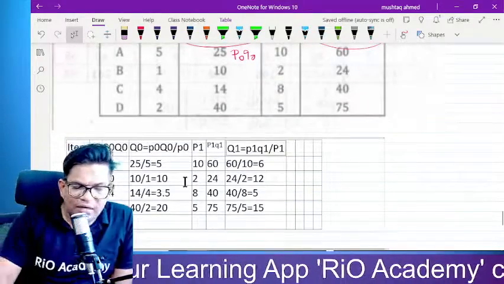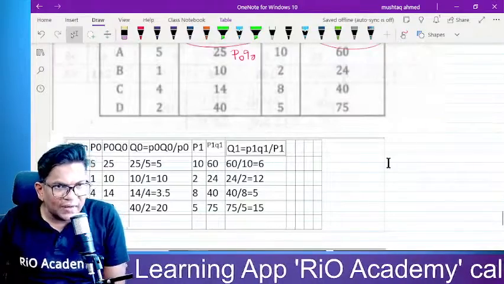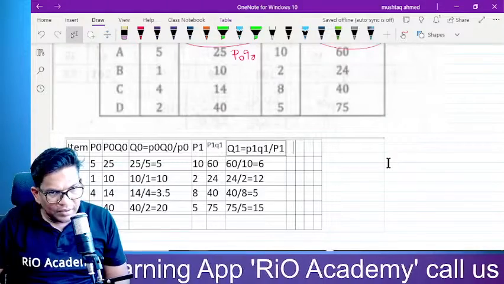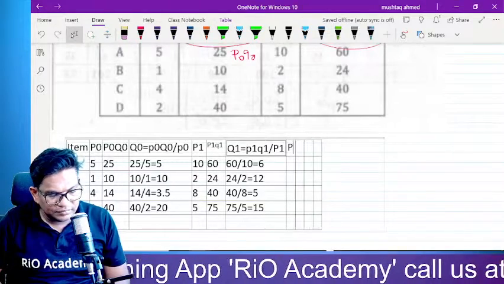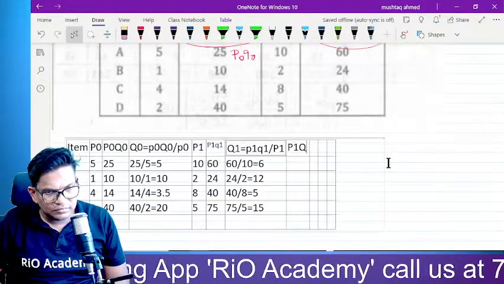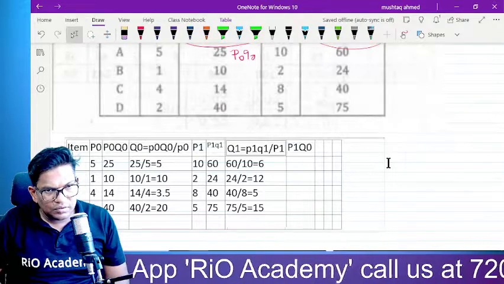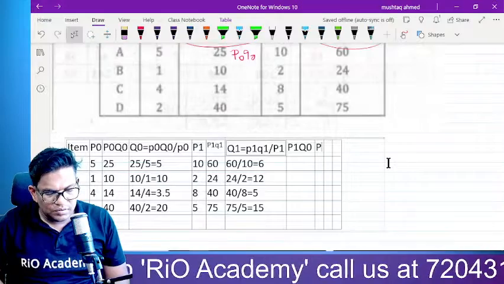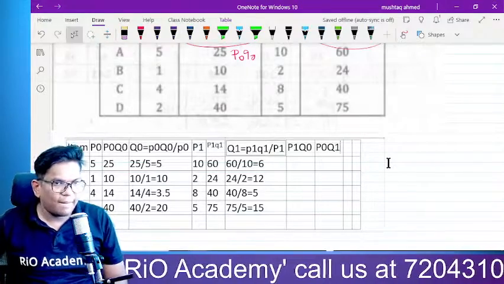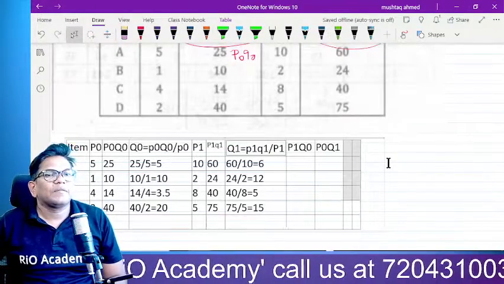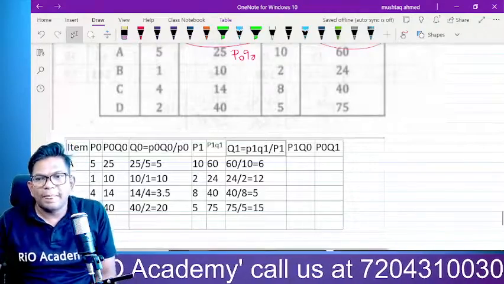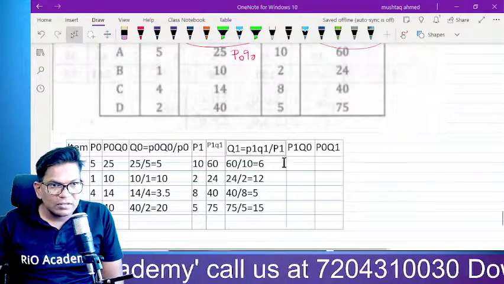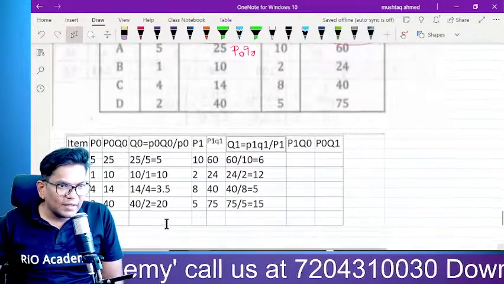So what we have to find out is, listen, we got P naught, now we need P1 Q naught. You got it, understood this? Yes, sir. So just multiply it.